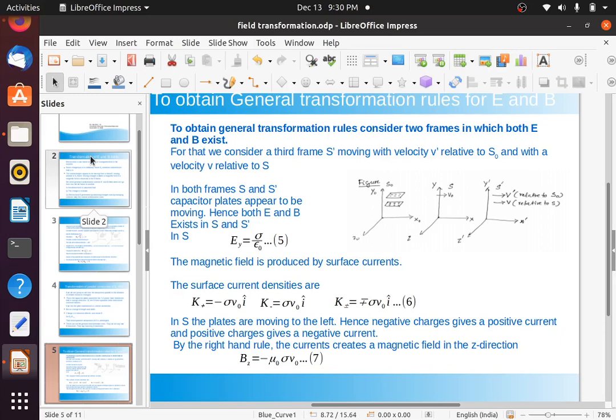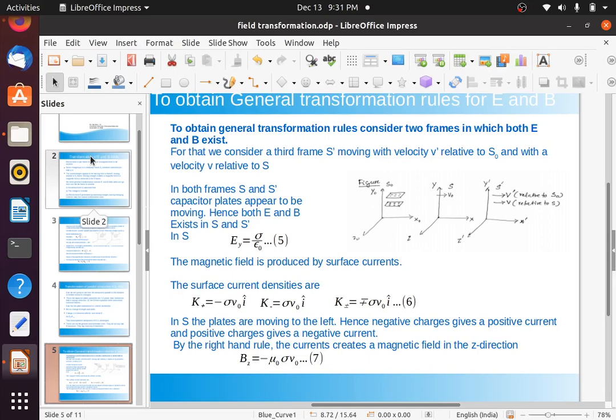Also we have to measure the magnetic field produced by the surface currents, because while you are looking from the S frame, these capacitor plates are moving to the left. This movement causes a current, and that current creates a magnetic field.